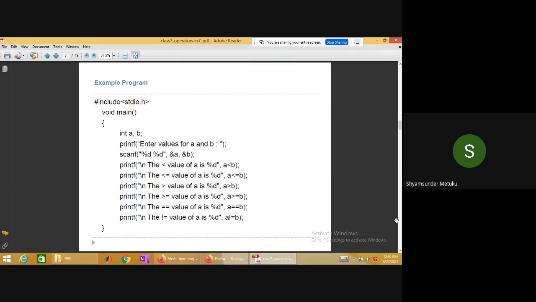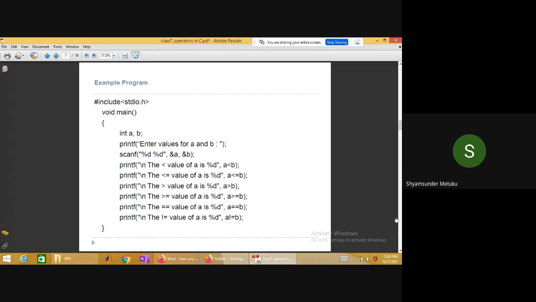In the last class, in the programming part, I mentioned that whenever percent d is used, it must be a variable to represent the value we are going to print. Here, no variable is used, directly an expression is used. The expression is A less than B, that is 5 is less than 10. True or false? True.